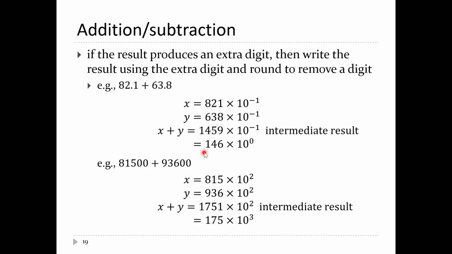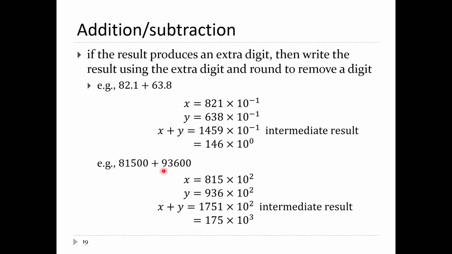And so your final result is that. And notice that number there is not correct. It's not actually equal to the sum of 82.1 and 63.8. It should be 145.9, but it's not. We can't represent 145.9 in our floating point format, so we end up computing the value 146 instead.